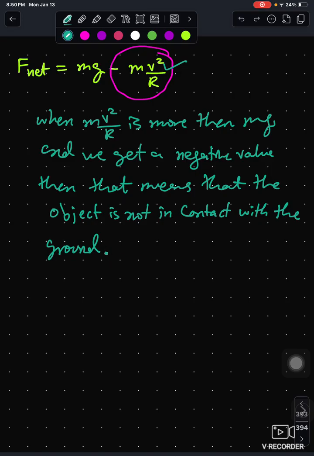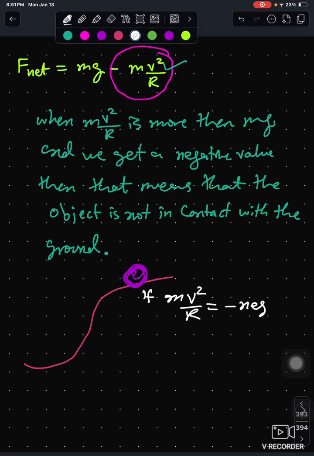Let's suppose this is the equation at this point, and we get a negative value. That means this object is right now in the air.